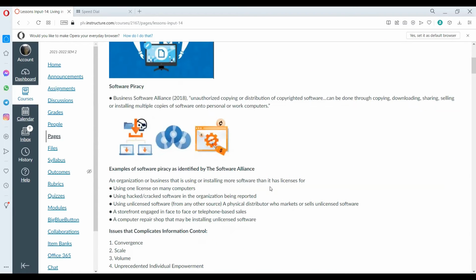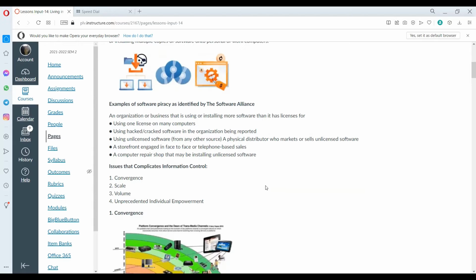Software piracy. According to the Business Software Alliance in 2018, unauthorized copying or distribution of copyrighted software can be done through copying, downloading, sharing, selling, or installing multiple copies of software onto personal or work computers.